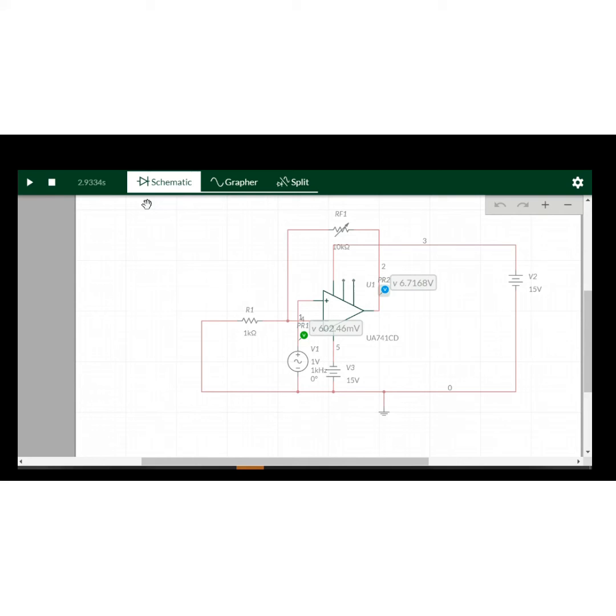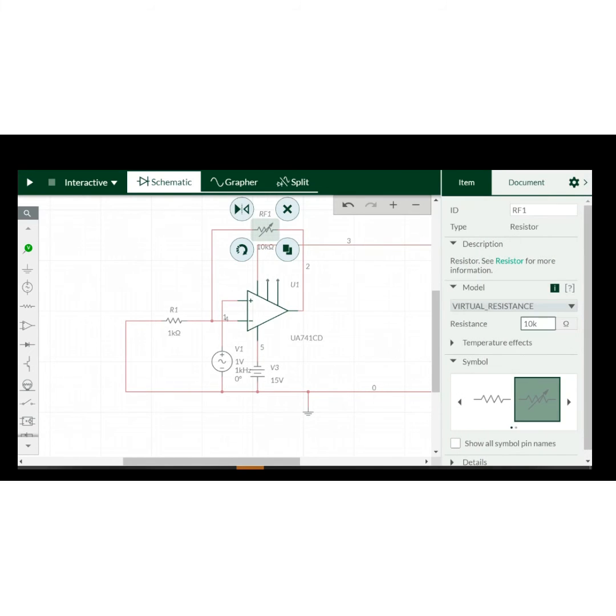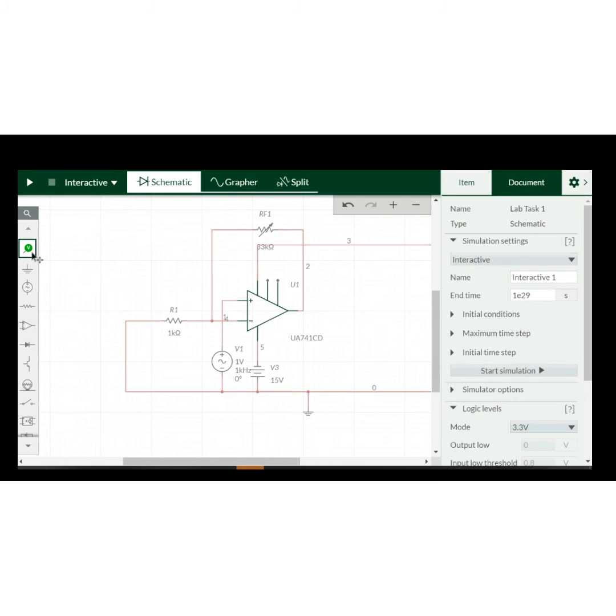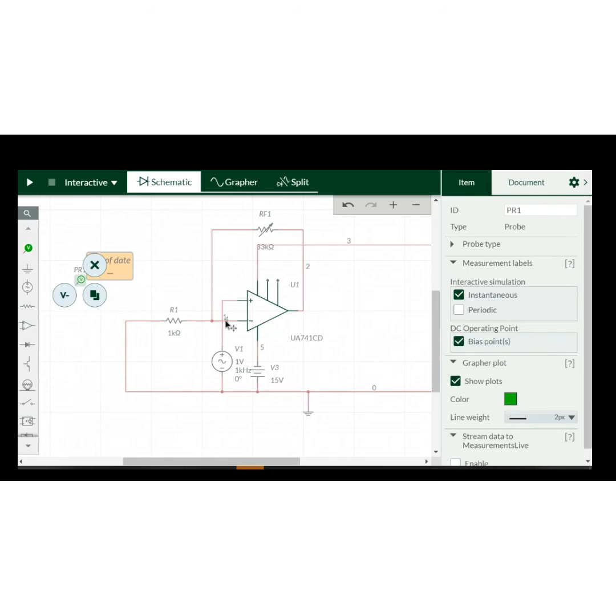So click the resistor Rf1 and change the 10 kilo ohm to 33 kilo ohms, and put the probe at the same place, probe 1 and probe 2.